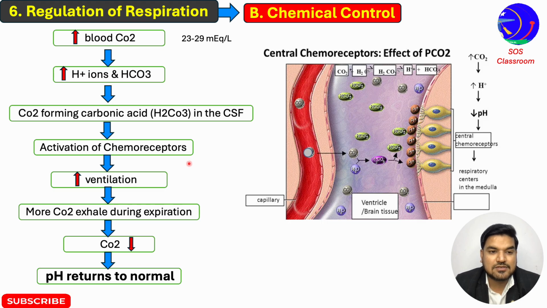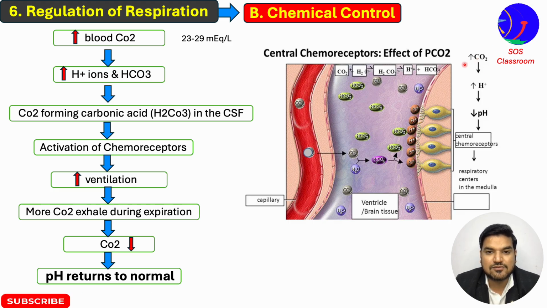The central chemoreceptors activate the centers of the DRG, and the DRG activates the muscles of respiration. Then the maximum amount of carbon dioxide is exhaled from the blood to the external environment. Then carbon dioxide decreases. When the carbon dioxide decreases, the pH returns to normal.